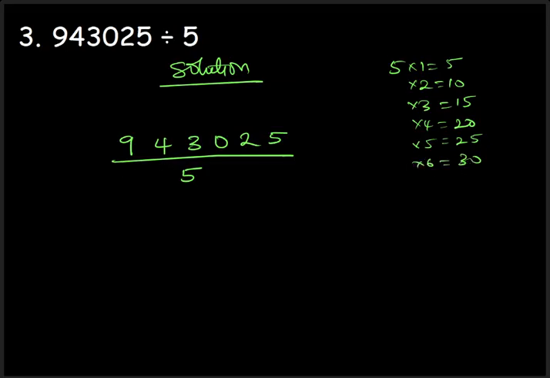Let's start. 5 into 5, 1. 5 into 9, we don't have 9. What is before 9, smaller than 9? It's 5. So how many times? 1.